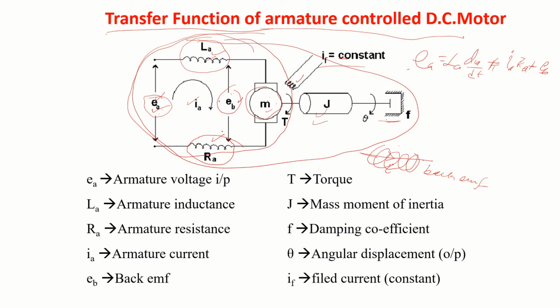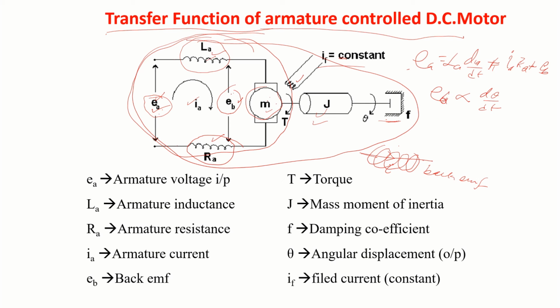But this back EMF depends on the rate of cutting. So EB, sorry, not EA, the back EMF EB, is directly proportional to dθ/dt, the rate at which it cuts.